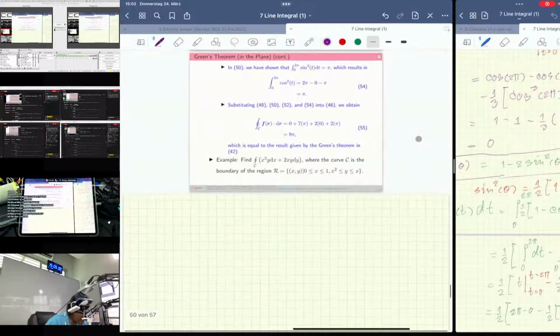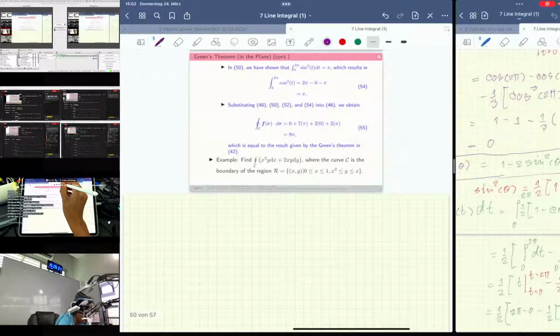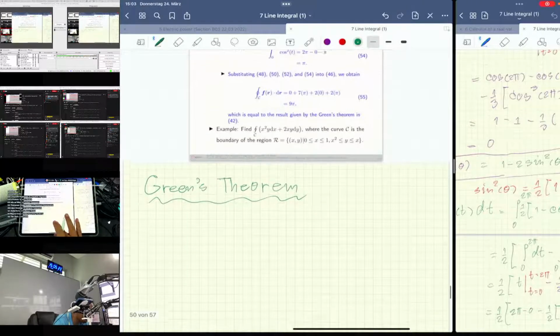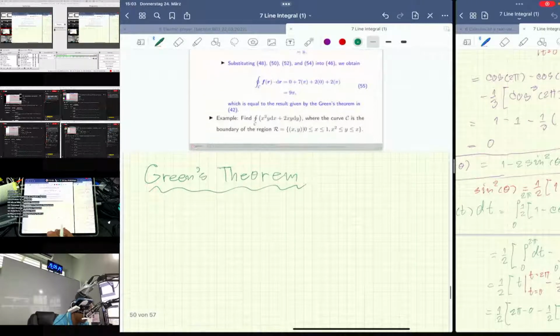Let's use the Green Theorem. The Green Theorem says whether you want to use divergent integral or the curve integral, it's up to you. Here we may try the curve integral, right?